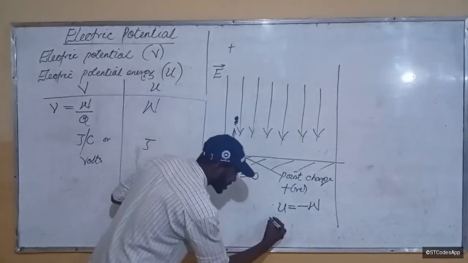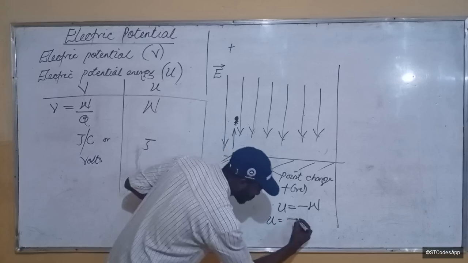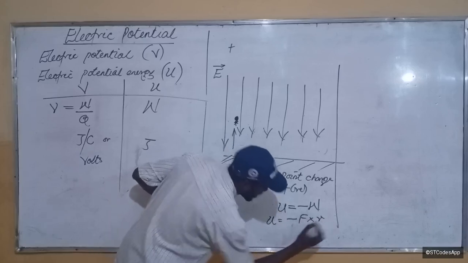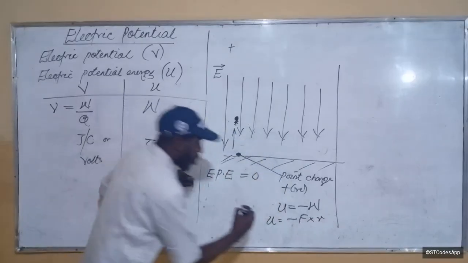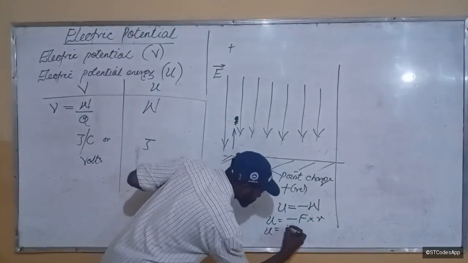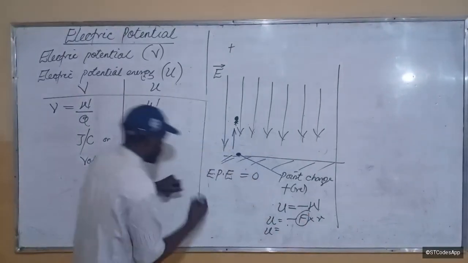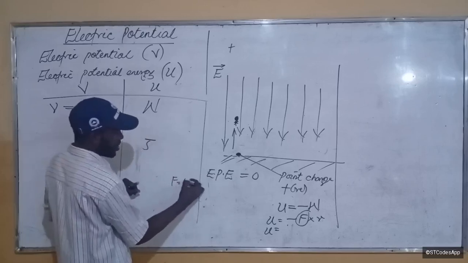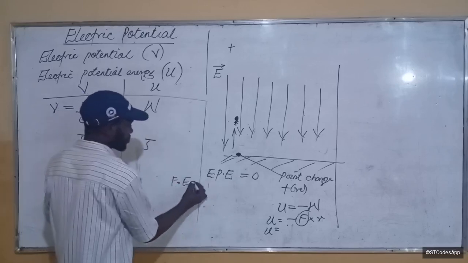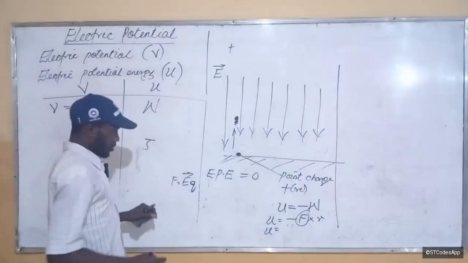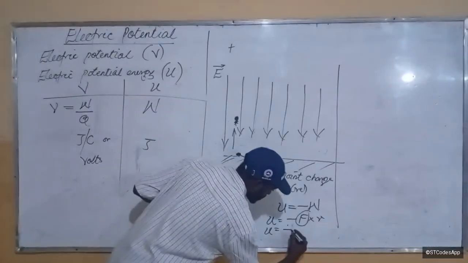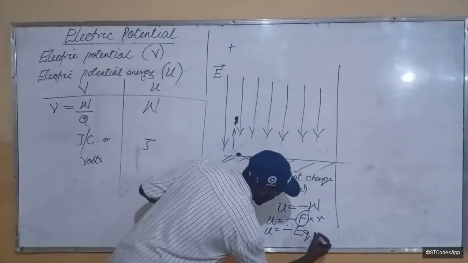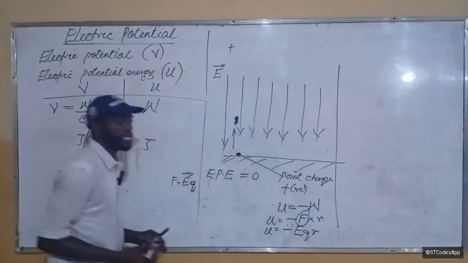A force is moving it against the field, so the electric potential energy stored in the body is going to be negative F times the distance moved. Does that make sense? Remember, in an electric field, F is equal to E, the electric field, times the charge. So U becomes negative EQ times d. Is this clear? All right.